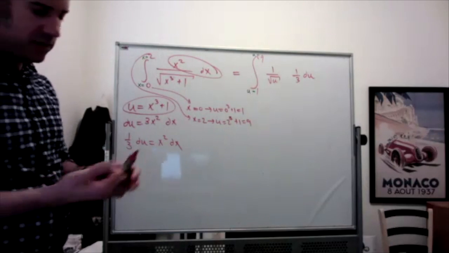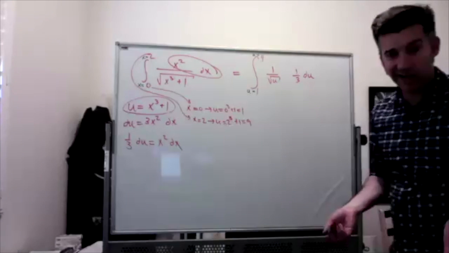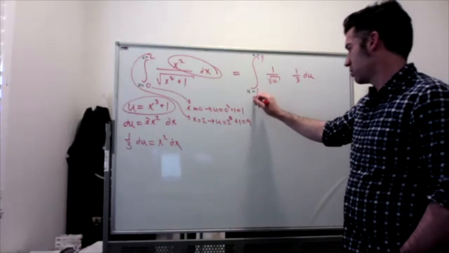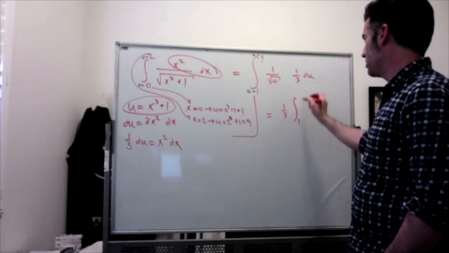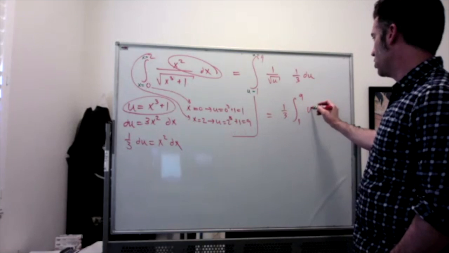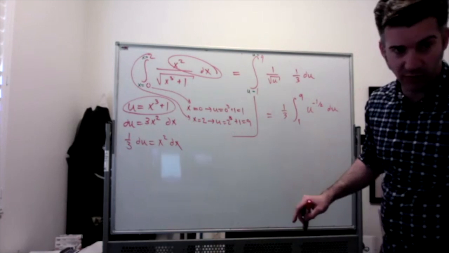But now, since our limits of integration match our variable, we don't have to change back. We just say, this is 1/3 the integral from 1 to 9 of u to the negative 1/2 du. We're going to anti-differentiate that.